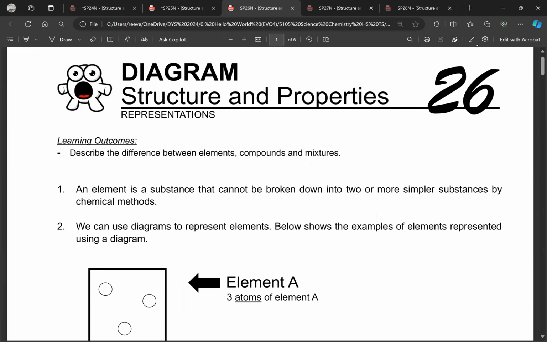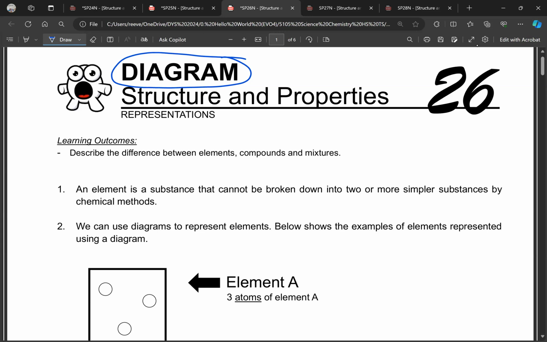Okay, so for number 26, we come to this word called diagram. I must say, you definitely have learned this in lower secondary. But I can also say, you have confirm forgotten everything already, unless you're that one or two very good students.